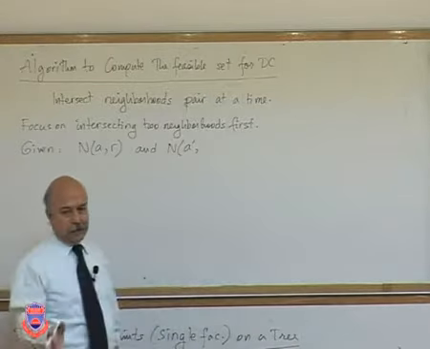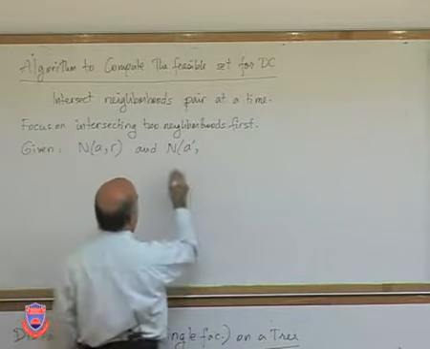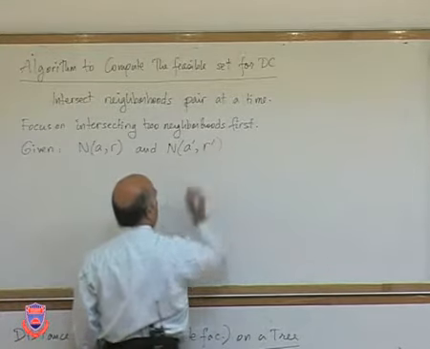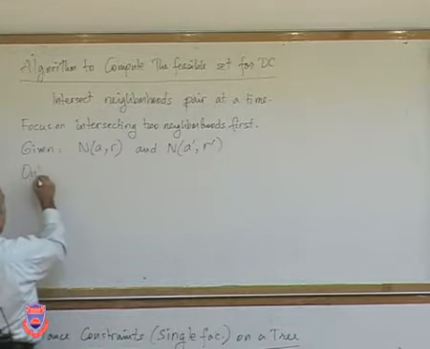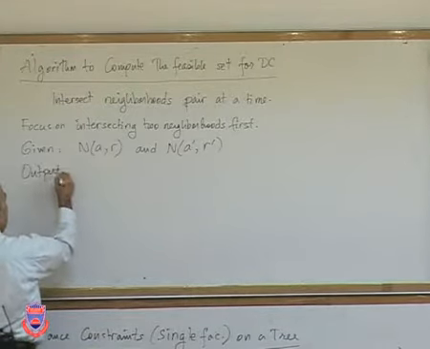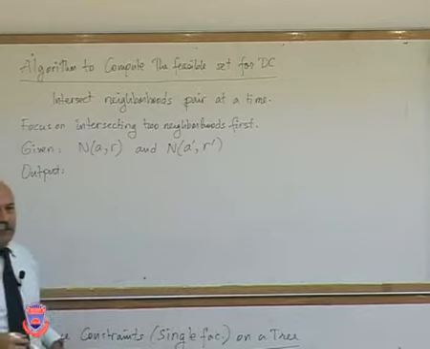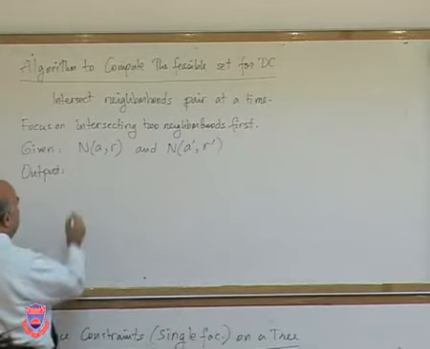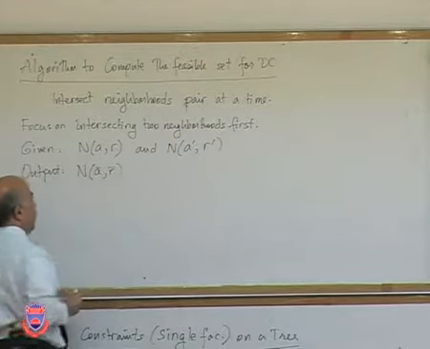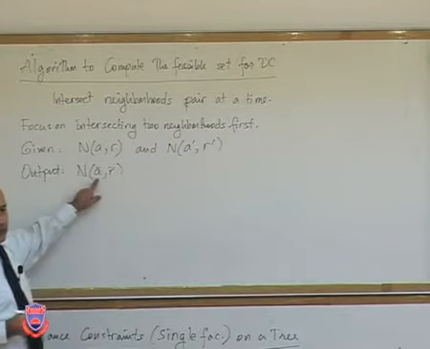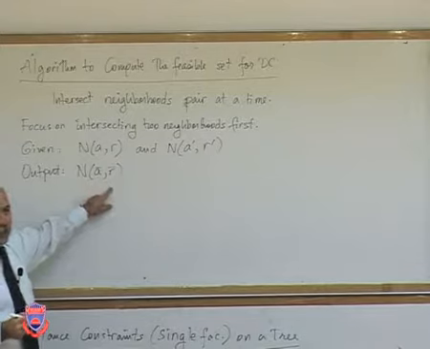We are in a tree network, so you might want to take note of that, with radius, say, R prime. And what we are going to output from one execution of the main step of the algorithm is a new neighborhood, which I'm going to call A bar, R bar. So we need to compute A bar, we need to compute R bar.